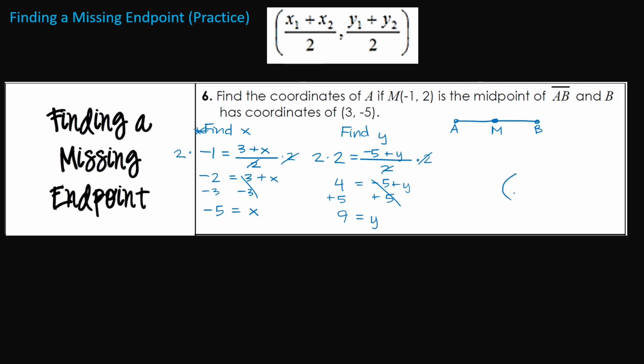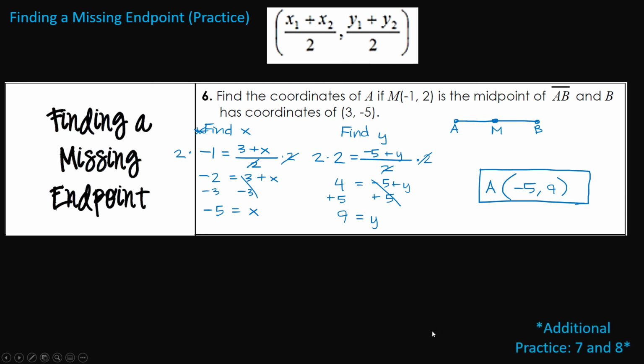So my coordinate is (-5, 9), and that's A. We were trying to find the coordinates of A. There are a couple others to practice here, and that's 7 and 8 in your notes.